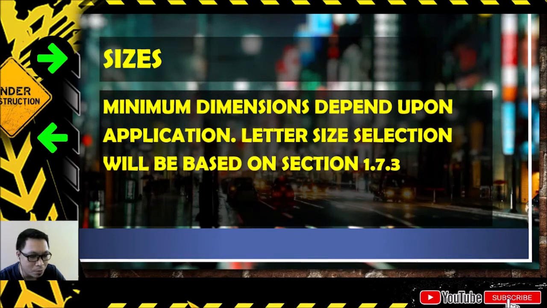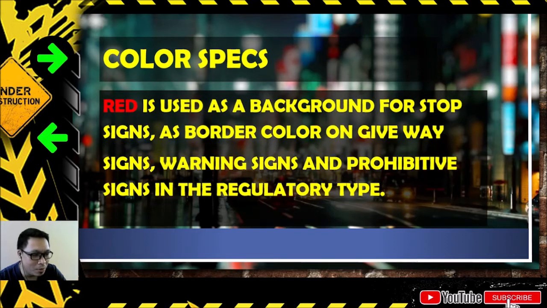If you make the sign larger or bigger, you are making it readable from a farther distance, while if you use a smaller size, you intend it for a shorter distance. The sizes vary in categories such as small, medium, and large. Okay, then we have the color specifications.